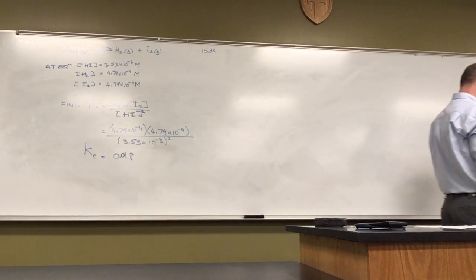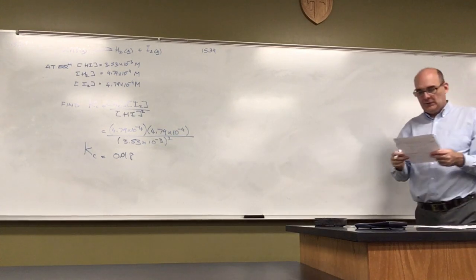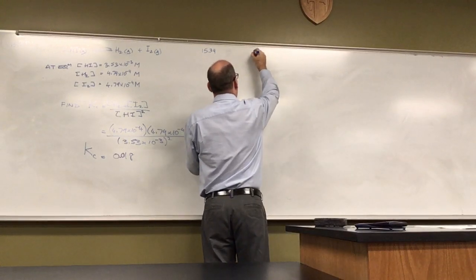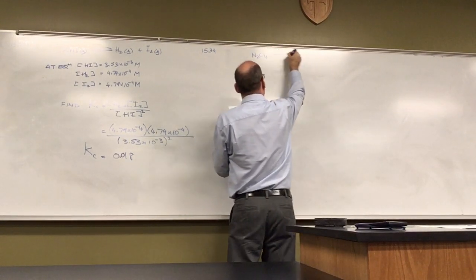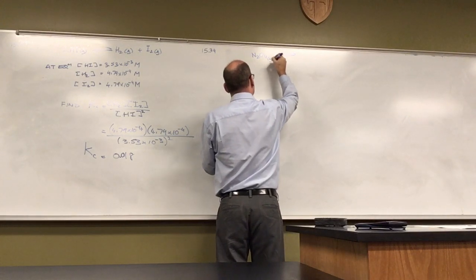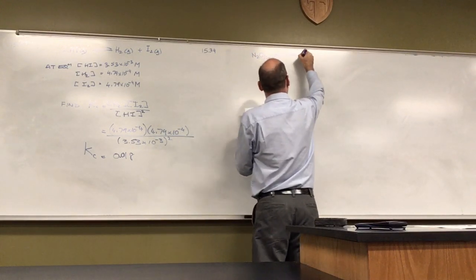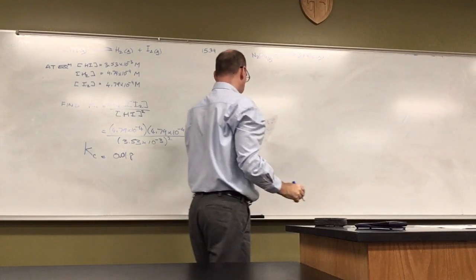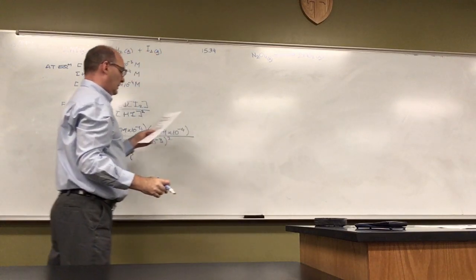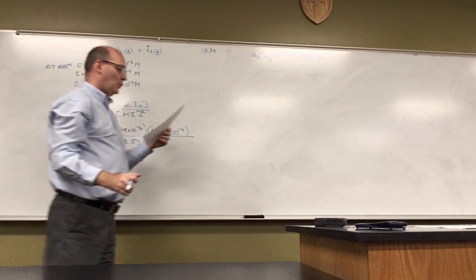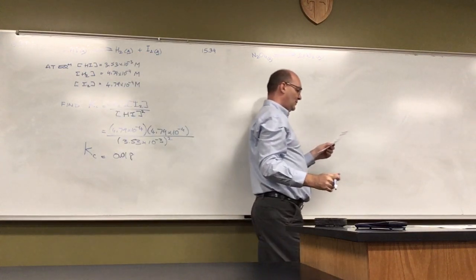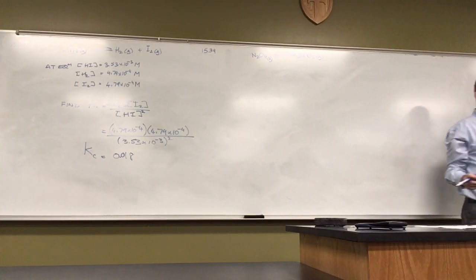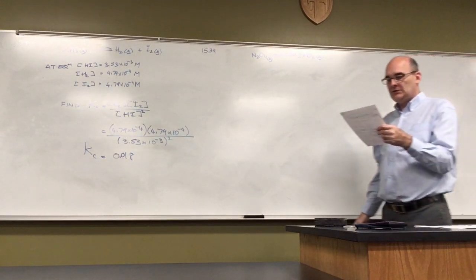It says a flask is charged with 1.5 atmospheres of N2O4, dinitrogen tetroxide, and 1 atmosphere of NO2 at 25 degrees Celsius.